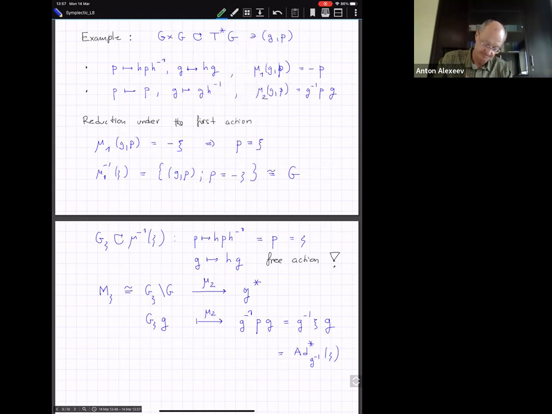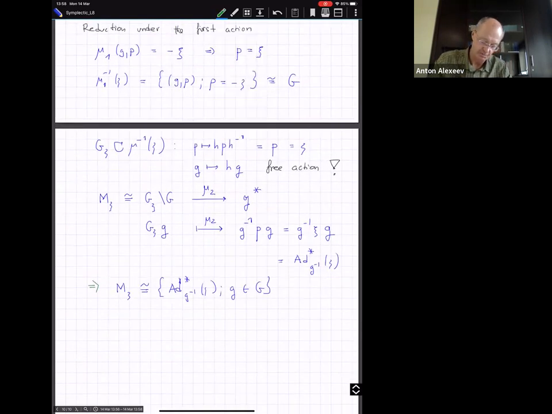So M_psi is isomorphic to Ad star G^{-1} of psi for G in G. And this is a coadjoint orbit of psi.